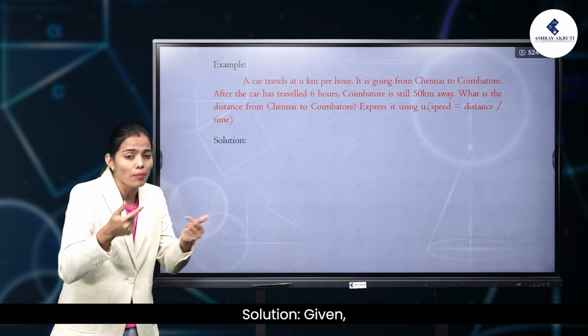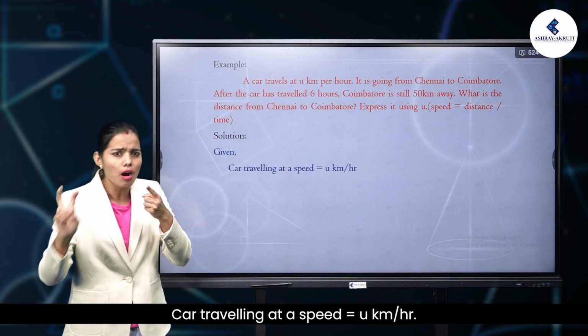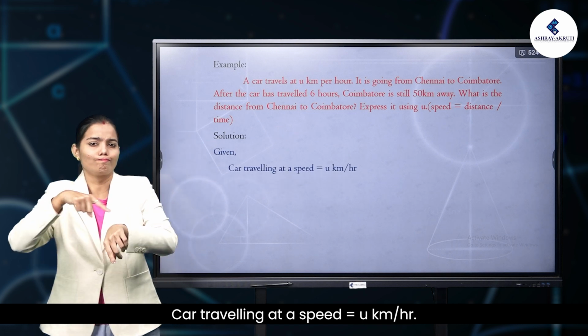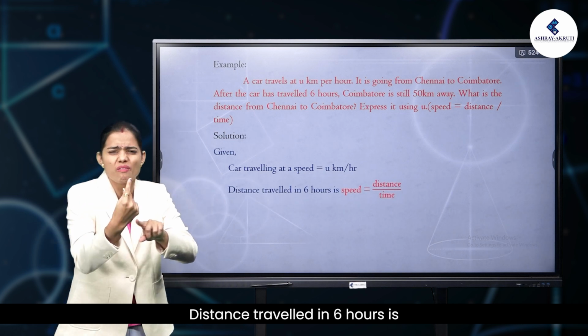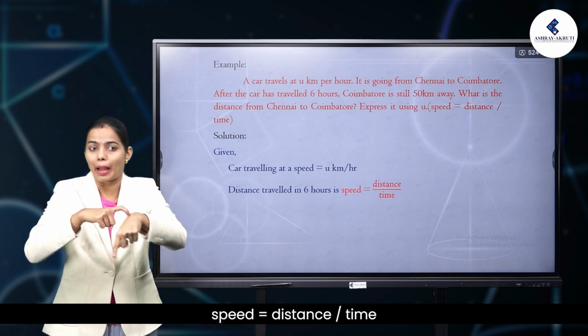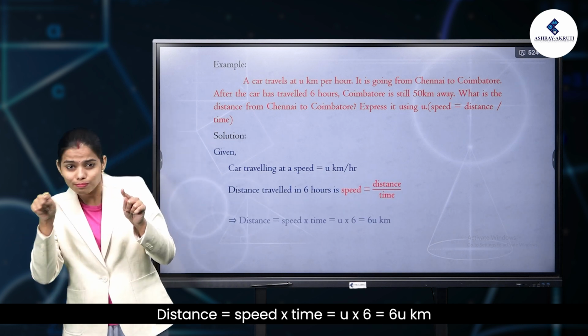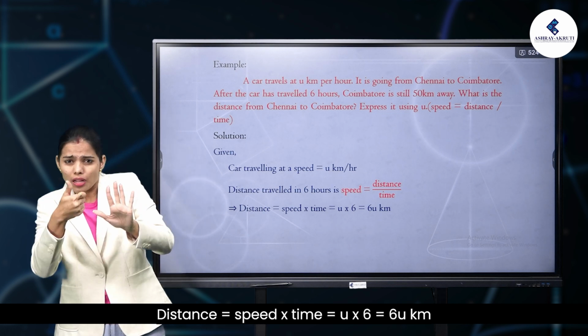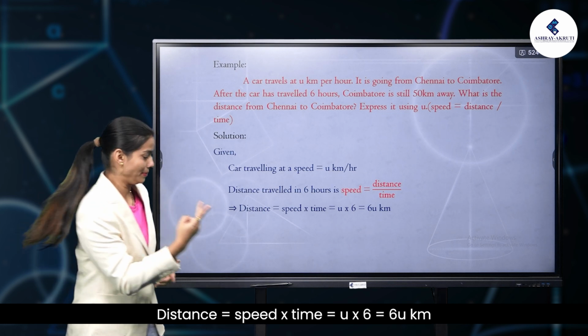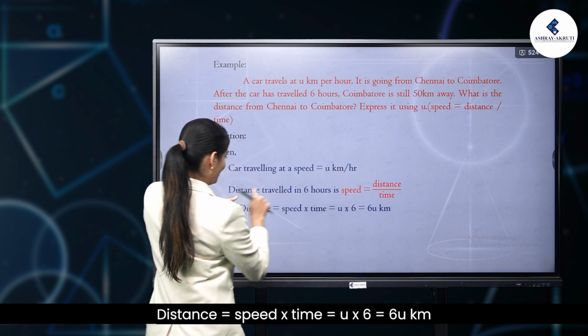Solution: given, car traveling at a speed equal to u km per hour. Distance travelled in 6 hours: speed is equal to distance by time, so distance is equal to speed into time is equal to u into 6 is equal to 6u kilometers.